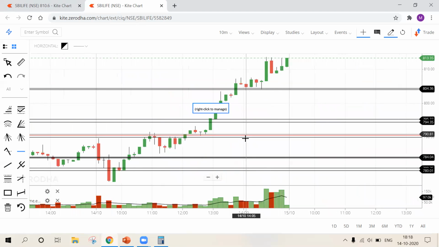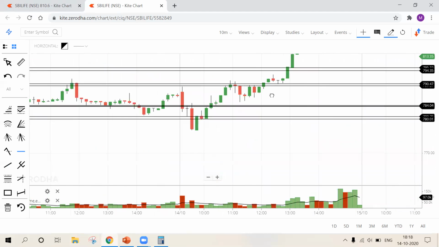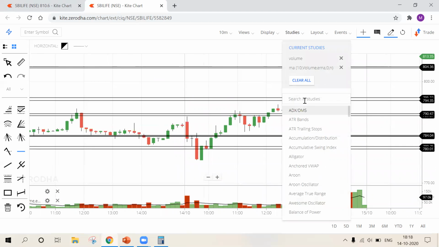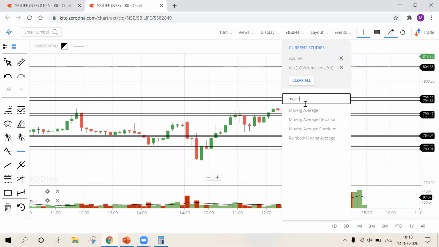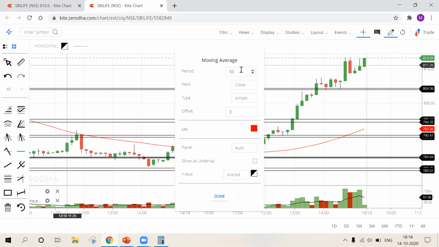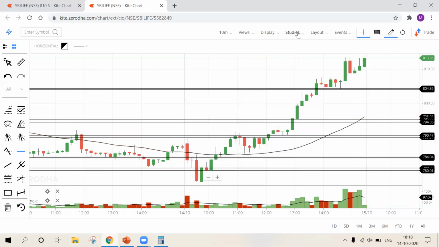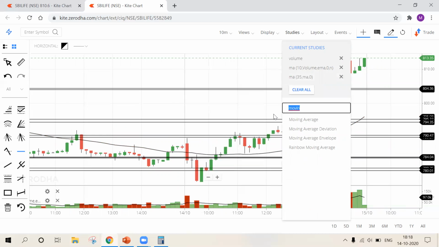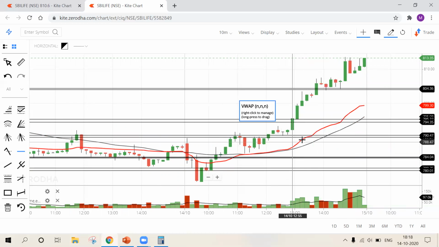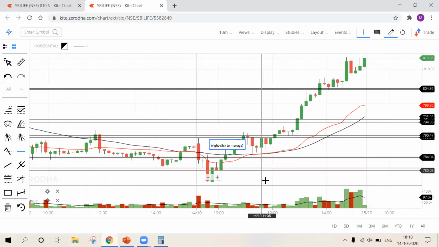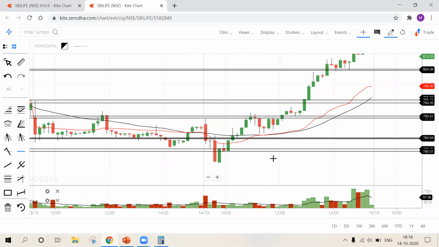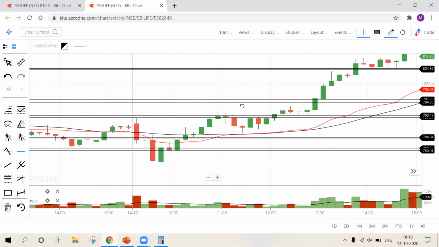It looks crazy. So for your first entry, let's get on to indicators. Moving average 35, color black, done. Studies, VWAP, done. Now see, this is how today's market is, and let's wait for higher high formation.